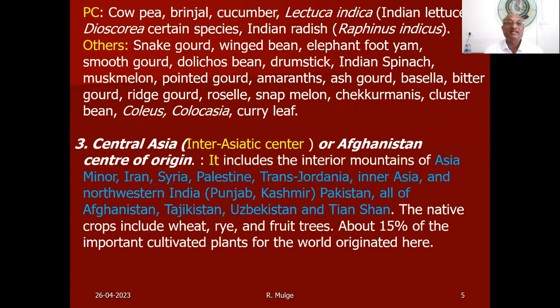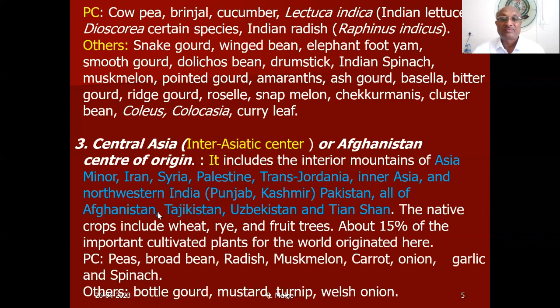Then the third center he proposed is Central Asia, that is the Inter-Asiatic center or Afghanistan center. It includes the interior mountains of Asia Minor, Iran, Syria, Palestine, Transjordania, Inner Asia, and Northwestern India, that is Punjab, Kashmir, all comes here.